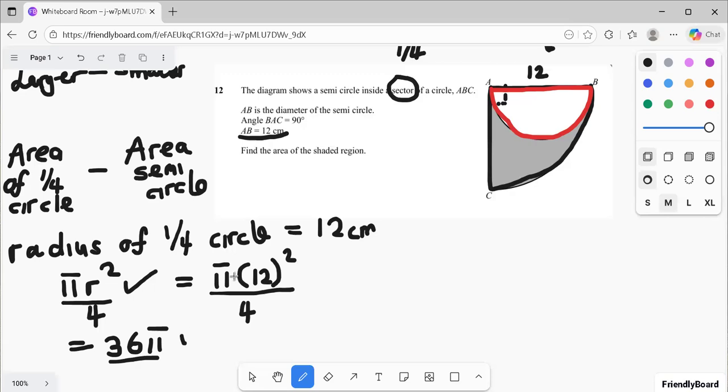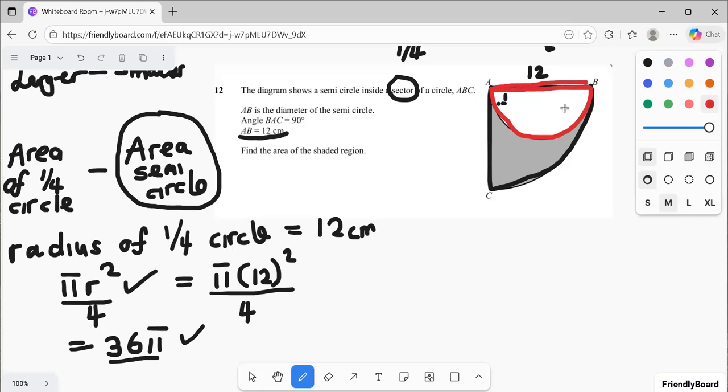Okay, so now let's find the area of the smaller part, which is the semicircle in red. You can see that the semicircle there is in red, so let me use red here. This side here happens to be the diameter.